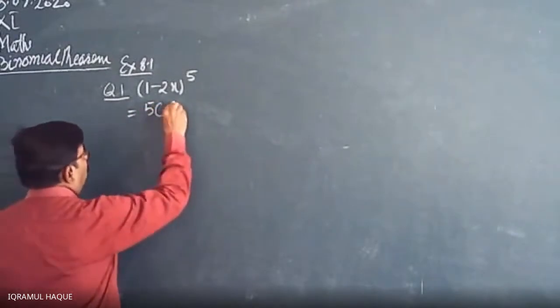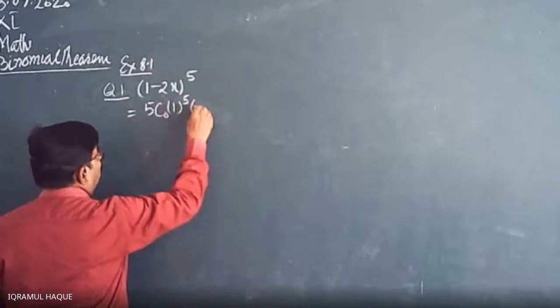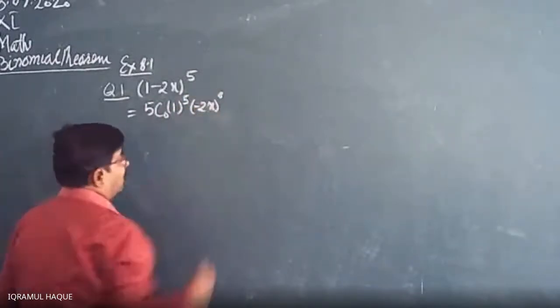Let's see. As I told, the coefficients: this is 5c0, 1 to the power 5, into (minus 2x) to the power 0. I am expanding, starting with 0.